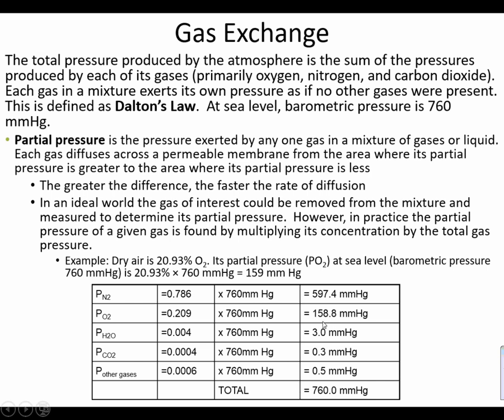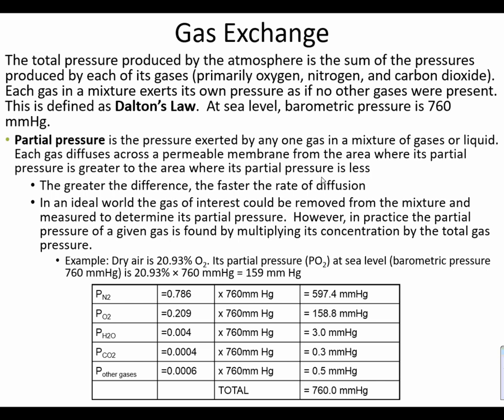So what's that going to do then? If instead of 760, it's 700. 700 times 0.209 is not going to be this high, is it? It's going to be lower. So that reduces the difference, and that therefore reduces the rate of diffusion of oxygen into the body. And that's why if you exercise at high altitude or just go there, you might feel funny, or you might not be able to perform very well.